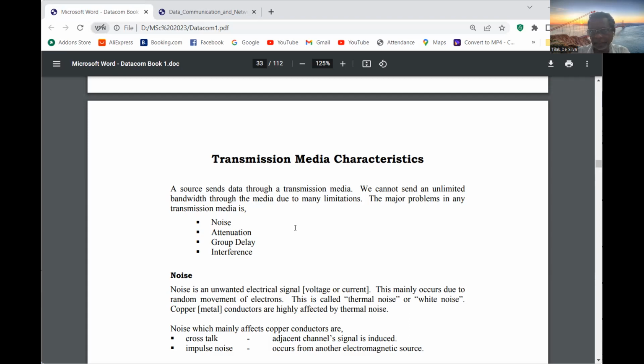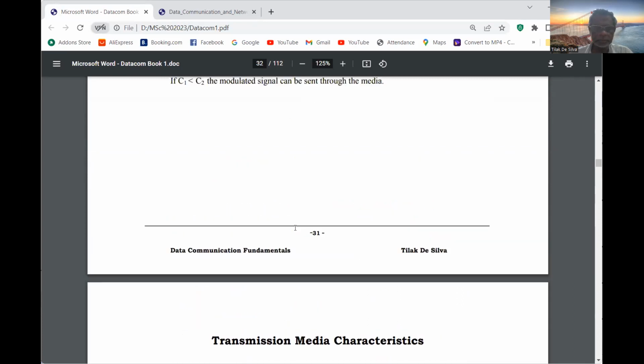As a result, the received digital signal can have errors. So we know how to correct errors. For that we use error detection and error correction methods. Any question?